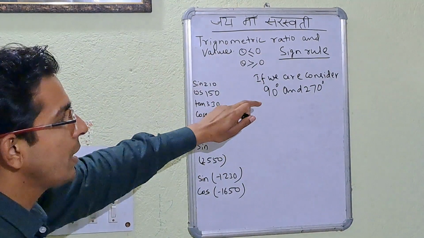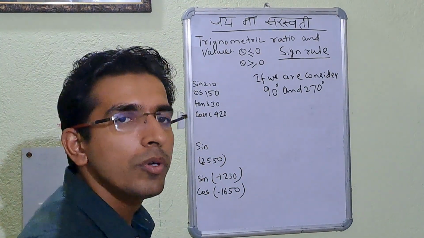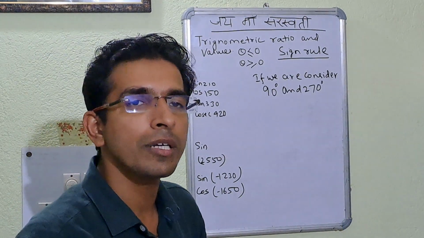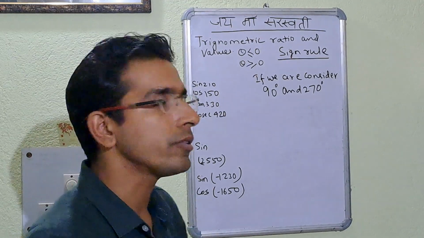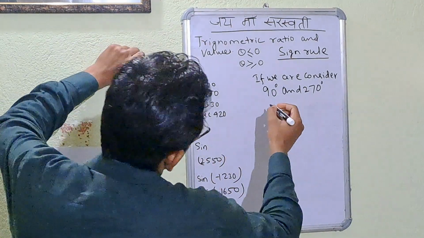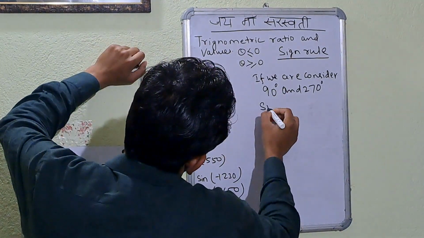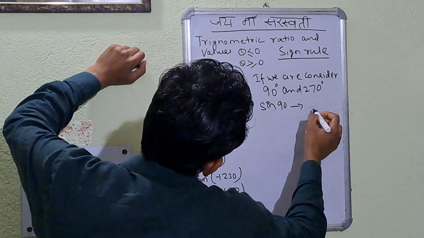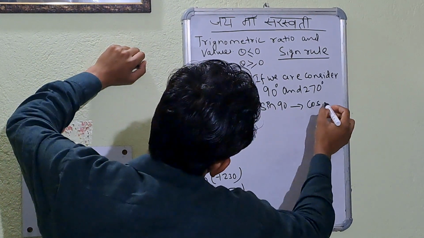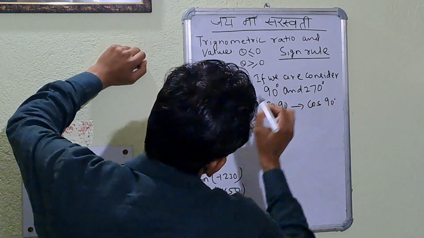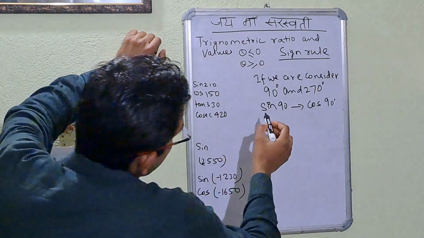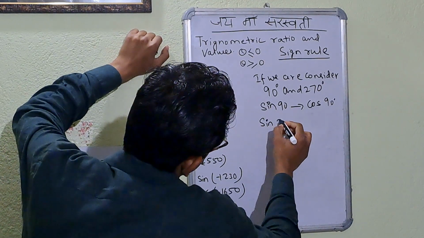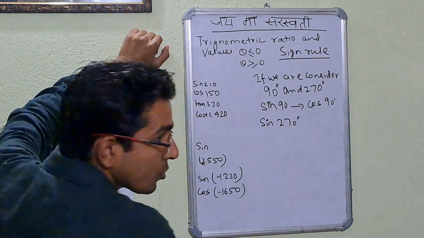In this case we have to change the trigonometric ratio, such as sine. Suppose we have to calculate sine 90, it will transform into cos 90. And suppose the angle is sine 270 degrees, understood?